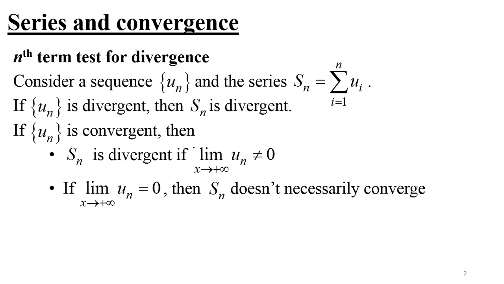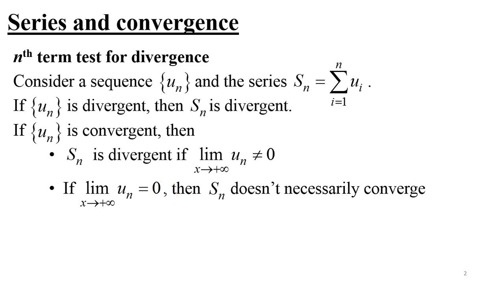So based on the investigation we just did, if a sequence is divergent, then the series is divergent. If a sequence is convergent, then the series would diverge if the sequence has a limit different than 0. Well, if the limit is equal to 0, then the test is inconclusive.